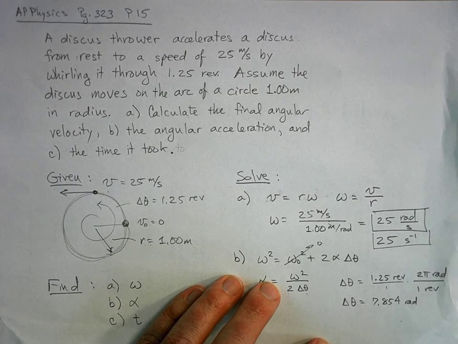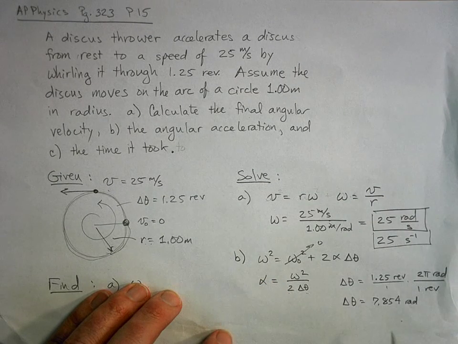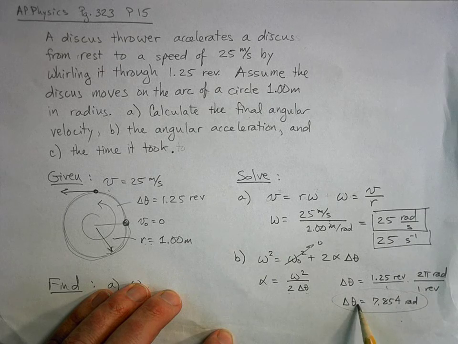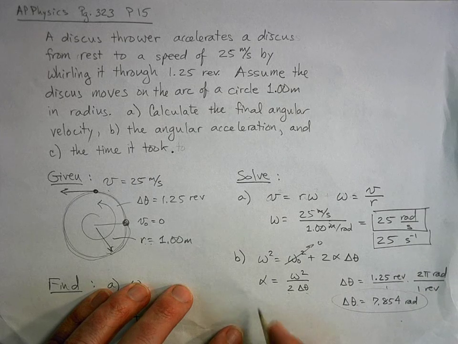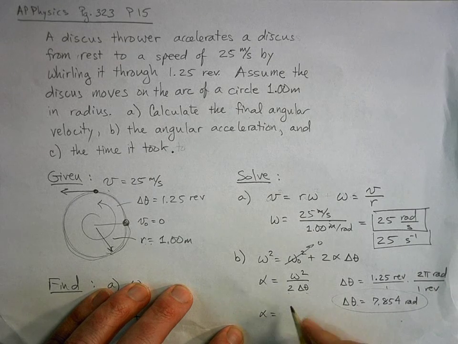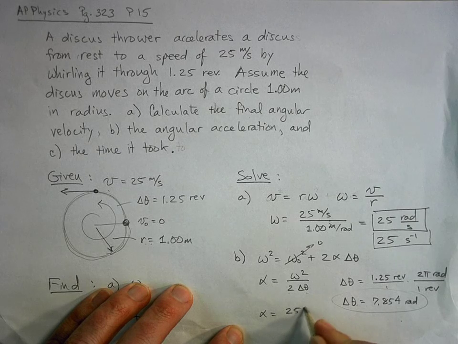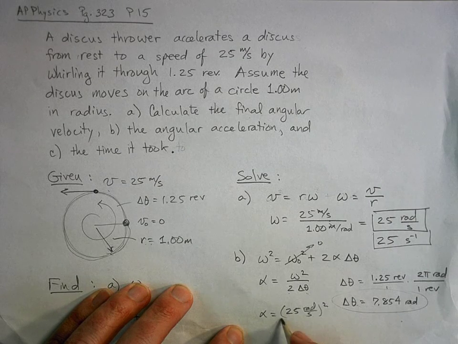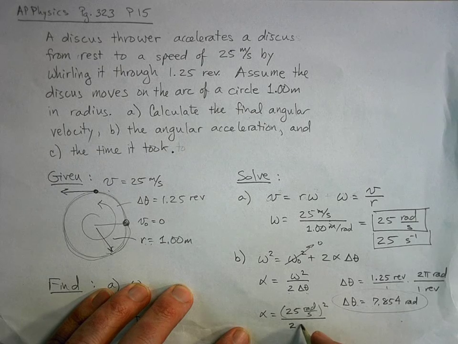So now I can use that in here. Alpha equals 25 radians per second, squared, over 2 times 7.854 radians.